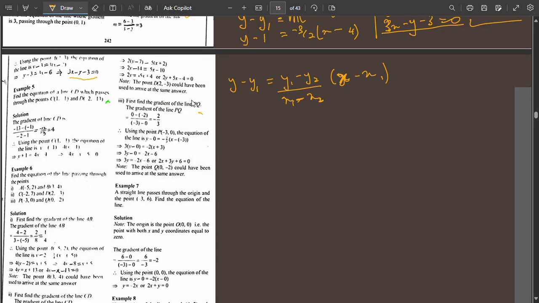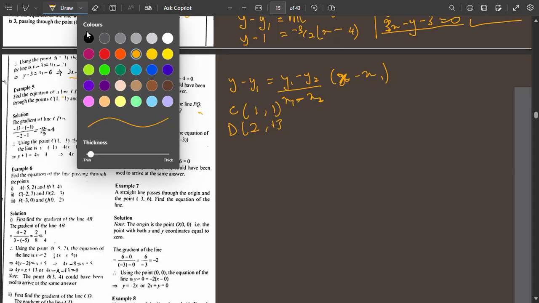Let's see. We have 2 points, C with coordinates (1, -1) and D with coordinates (-2, -13).